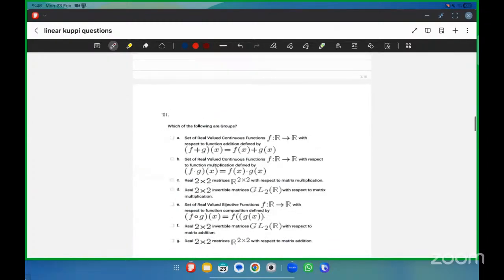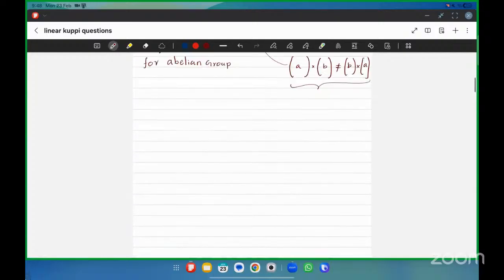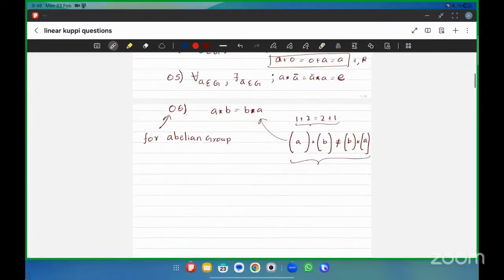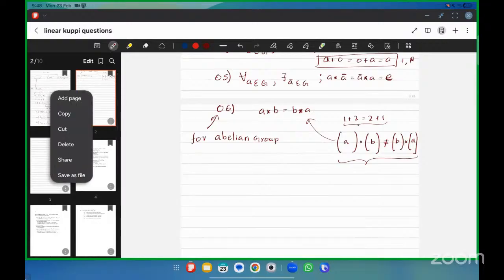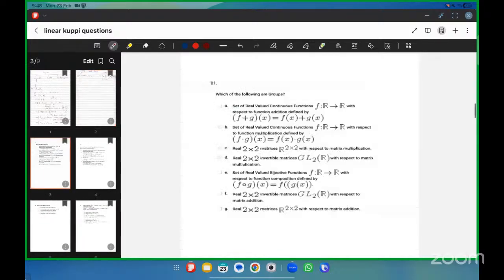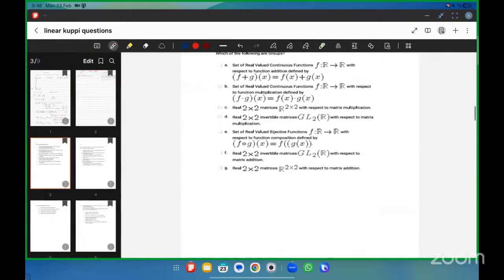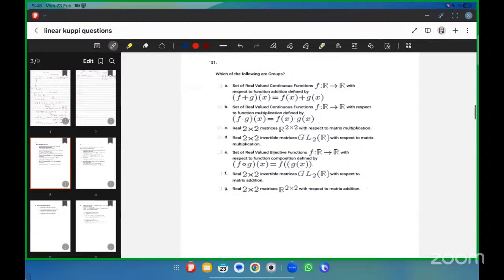So we can get into one question. The question is from the midterm paper of last year, and I'll send the document into the group.